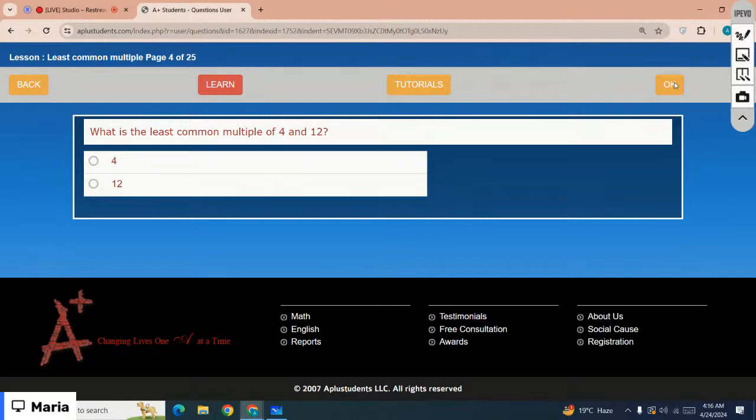What is the least common multiple of 4 and 12, which is the correct option?